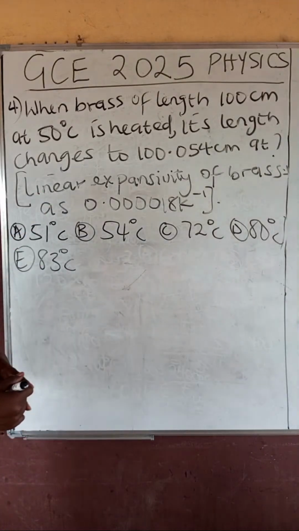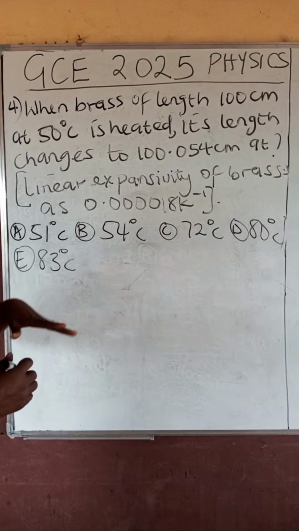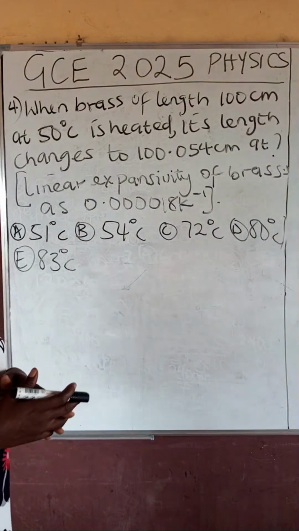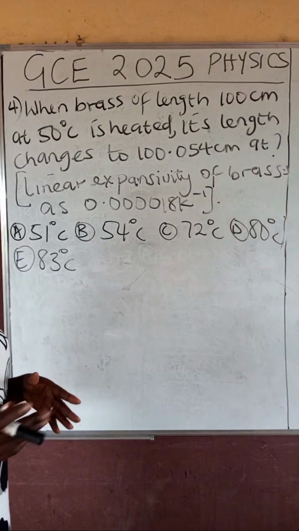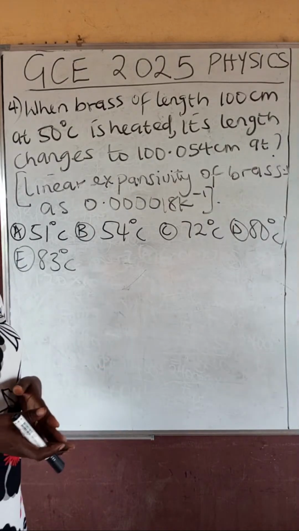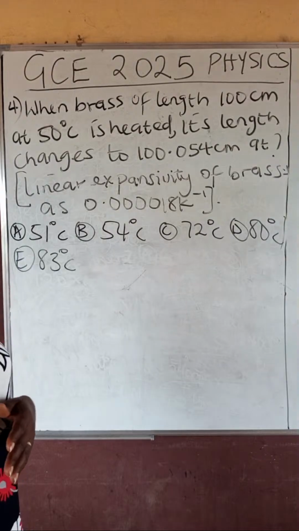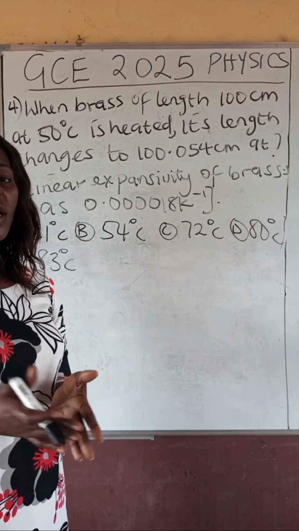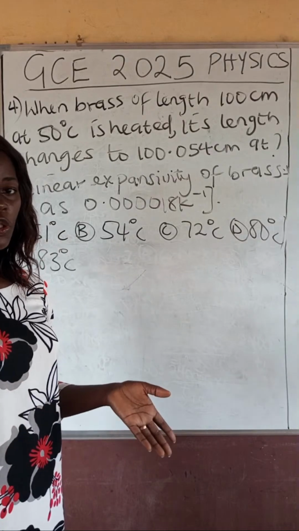And we are given the linear expansivity as 0.000018 per Kelvin. Now, the first thing that will come to your mind is linear expansivity. If you are asked what is linear expansivity, linear expansivity is the increase in length per unit length per degree rise in temperature.